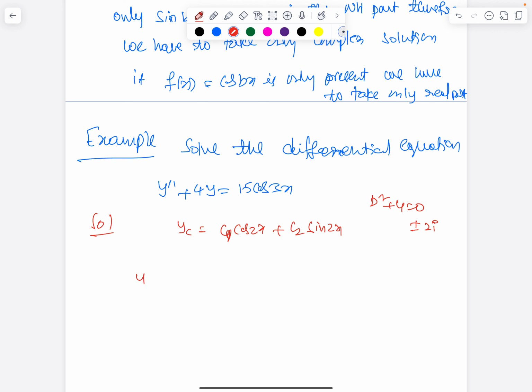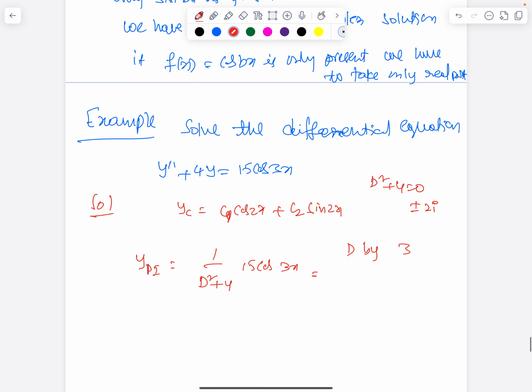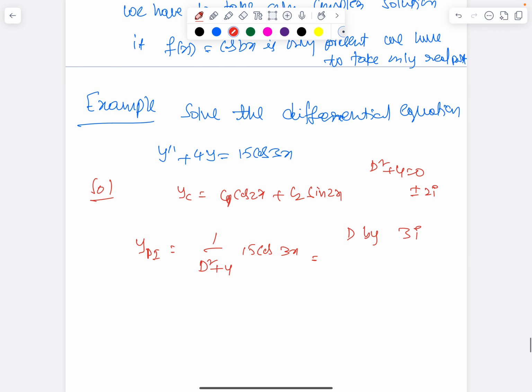And then moving back to the particular integral, which is equal to 1 by d square plus 4 into 15 cos 3x, which is equal to, you try to replace d by 3i.